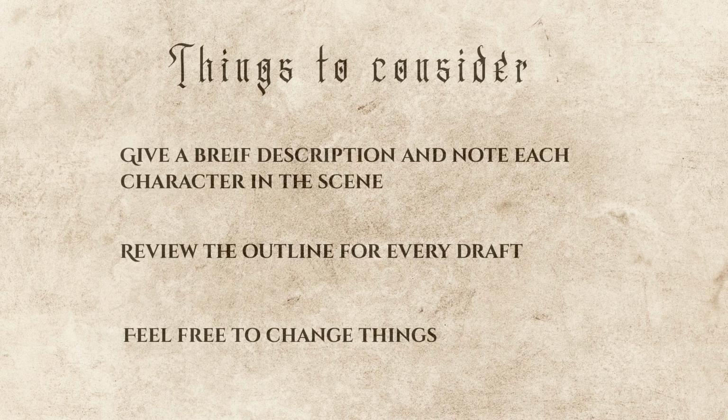Personally, I like to add which characters are in the scene and a very simplified description of what the scene is actually pertaining to. If you do this with your first draft, you may want to redo it for your second draft.